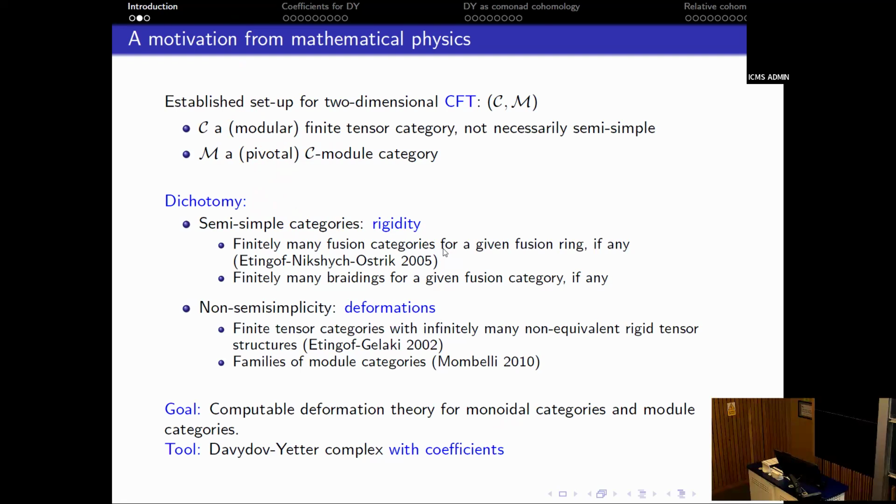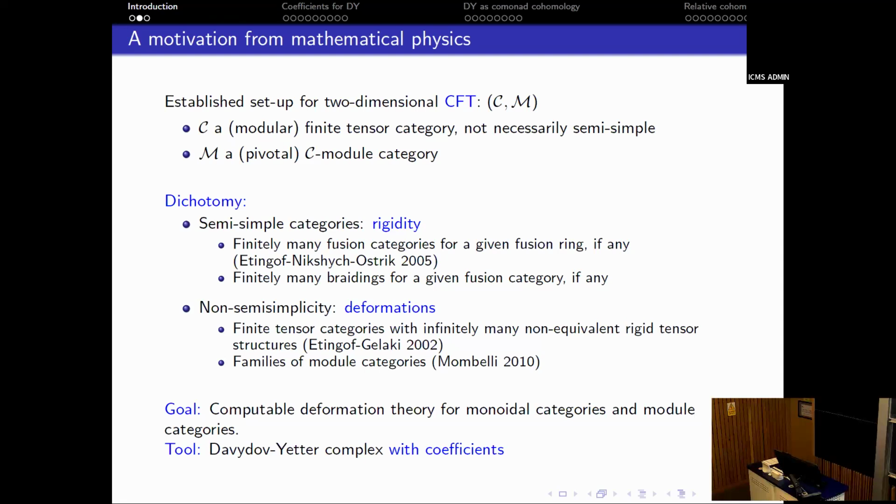In this situation, there is a rigidity, there's a dichotomy. In the semi-simple case, we expect rigidity, absence of deformations, and there are many such results. So there are finiteness results, how many fusion category structures you can find on a fusion ring, if there exist such structures at all.